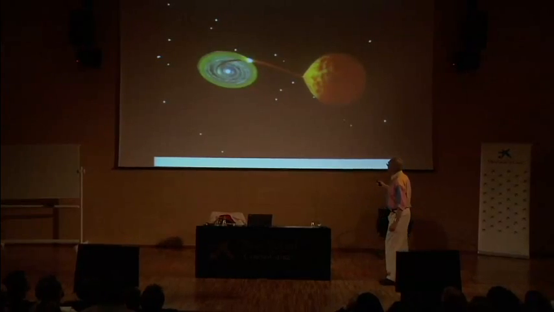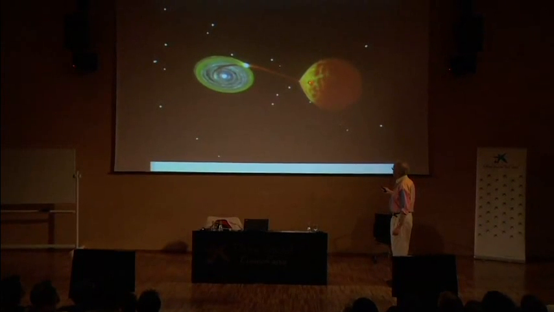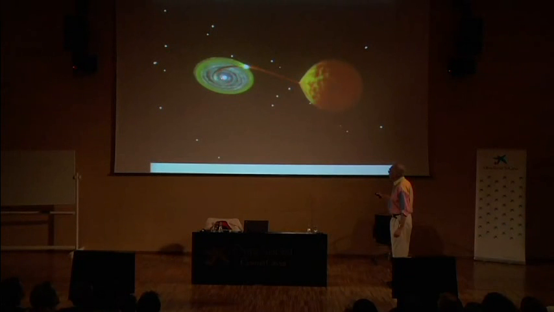It is in orbit, a binary system, with a very small object, for instance, a white dwarf, or a neutron star, or, as you will see, a black hole, and if they are close enough to each other, it is energetically more favorable for the material from this star to fall towards what we call the compact object.